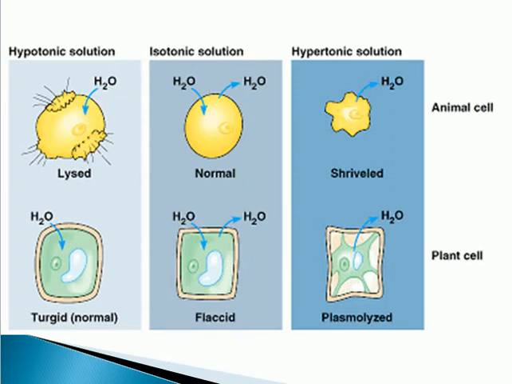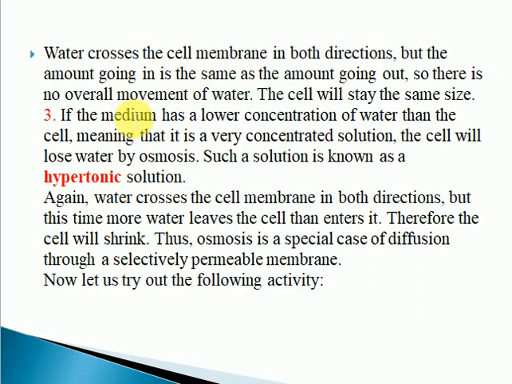Okay, so we'll see the third situation also. If the medium has a lower concentration of water than the cell, meaning that it is a very concentrated solution, the cell will lose water by osmosis, and such a solution is called a hypertonic solution. I will explain it to you once again. There is a beaker, let's say we have placed a cell in the beaker and the beaker is filled with a very highly concentrated solution.